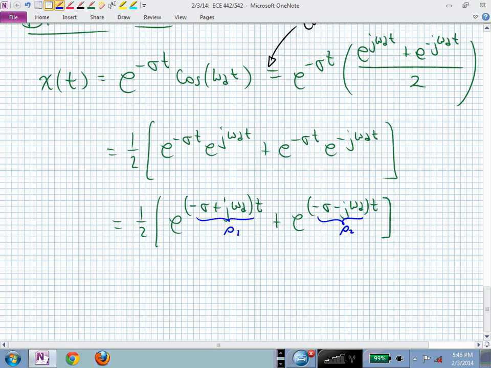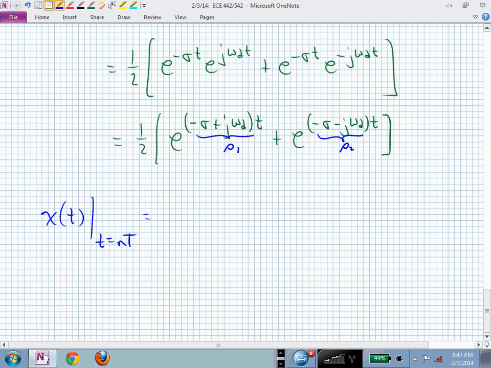Now let's replace little t with a sampled form of that. So that now we have x of t evaluated where t is equal to nT.